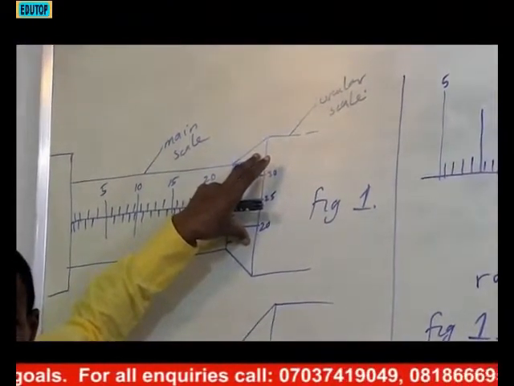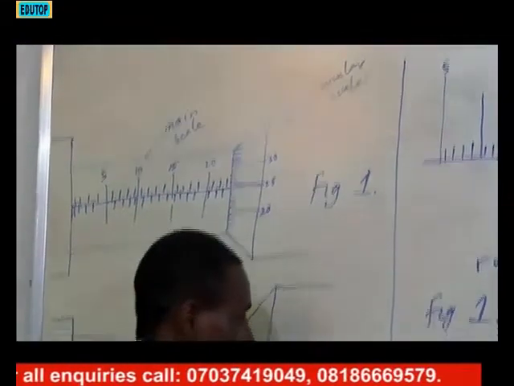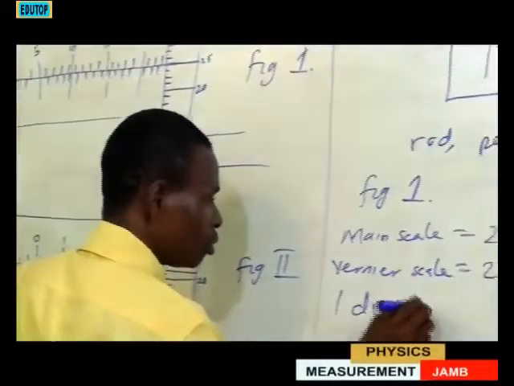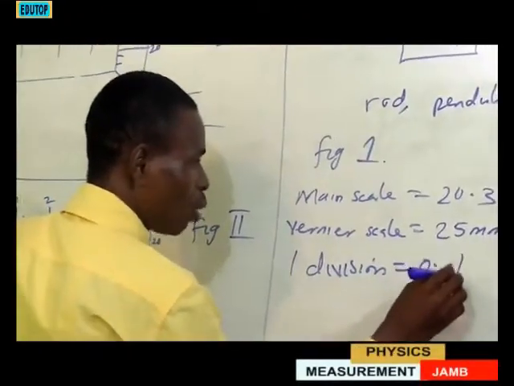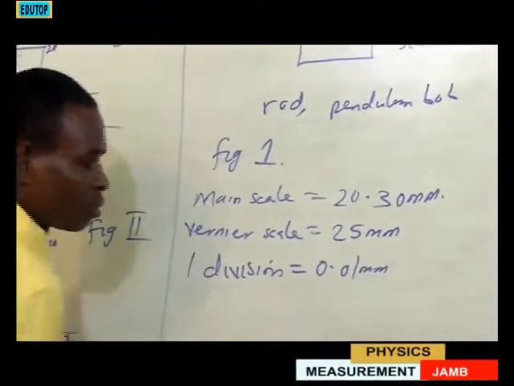What will now be the factor of 1 division? 1 division is equal to 0.01 millimeter.